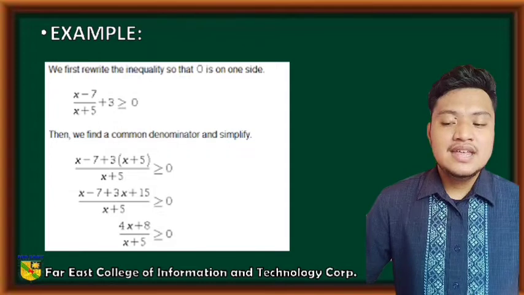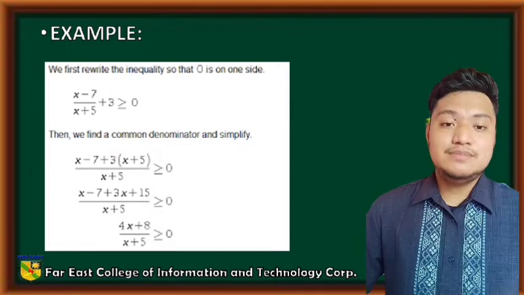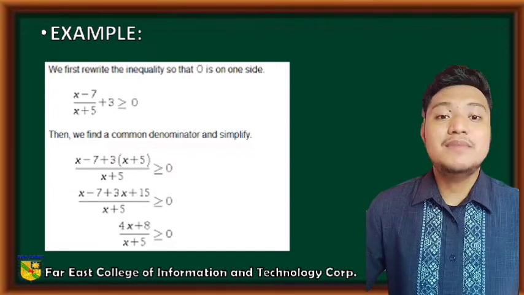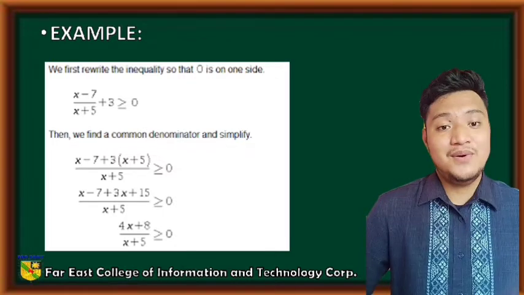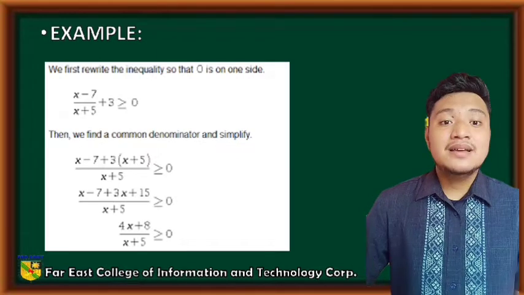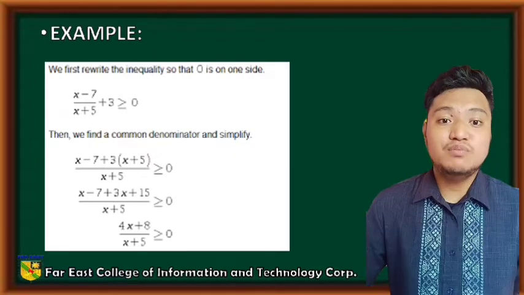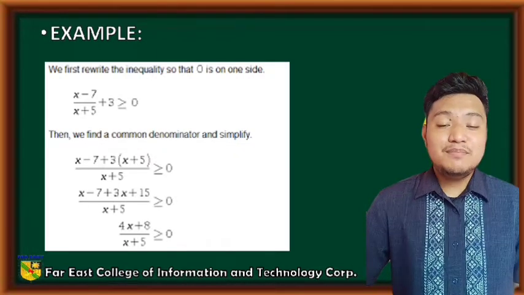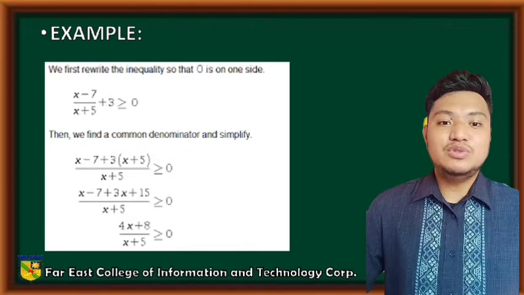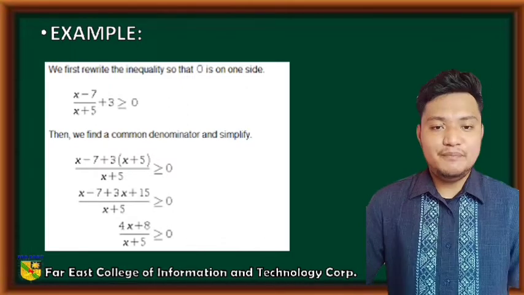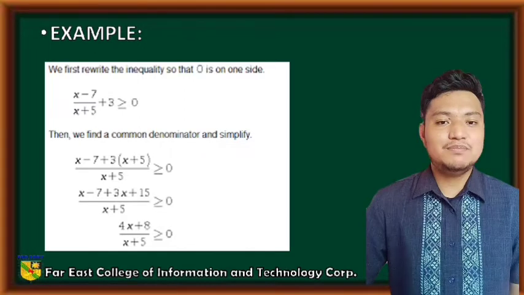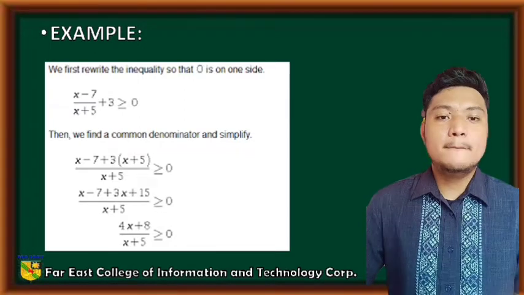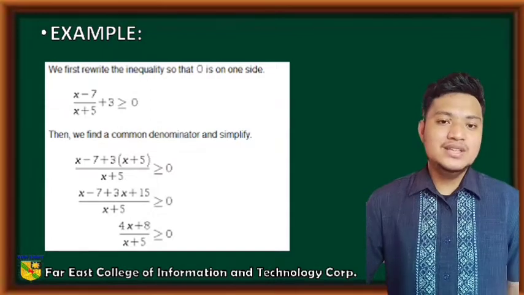Next, negative 7 plus 15 is positive 8, kasi mas malaki po si 15, kaya positive po ang kanyang sign. And then, pag different sign po, automatic subtraction po ang ating operation. So, ang answer natin dyan ay 4x plus 8 over x plus 5 more than or equal to 0.